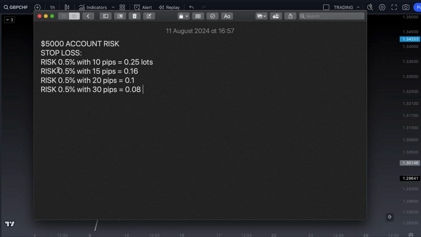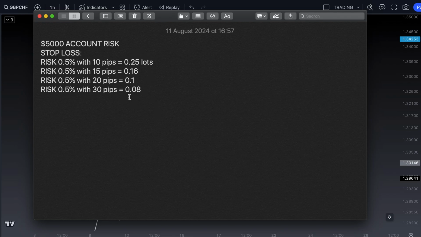To risk 0.5% with a 15 pip stop loss, I could use 0.16 lots. To risk 0.5% with a 20 pip stop loss, I would use 0.1 lots. And to risk 0.5% with a 30 pip stop loss, I need to use 0.08 lots. This means that no matter what size stop loss I need, I'm still only risking $25 of the whole account based on the lots that I'm using.